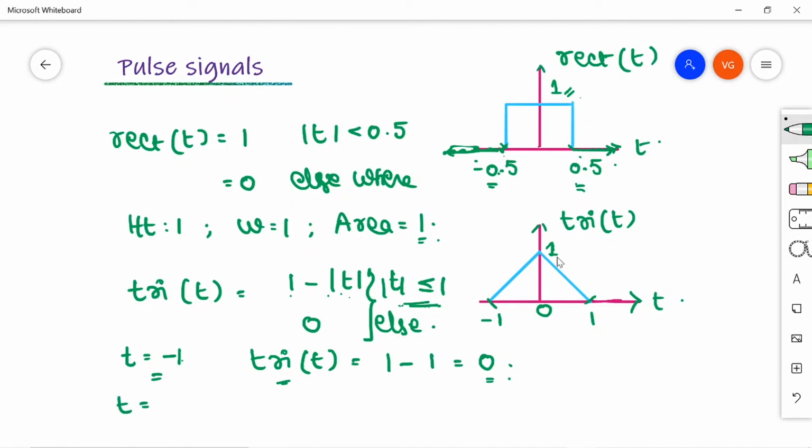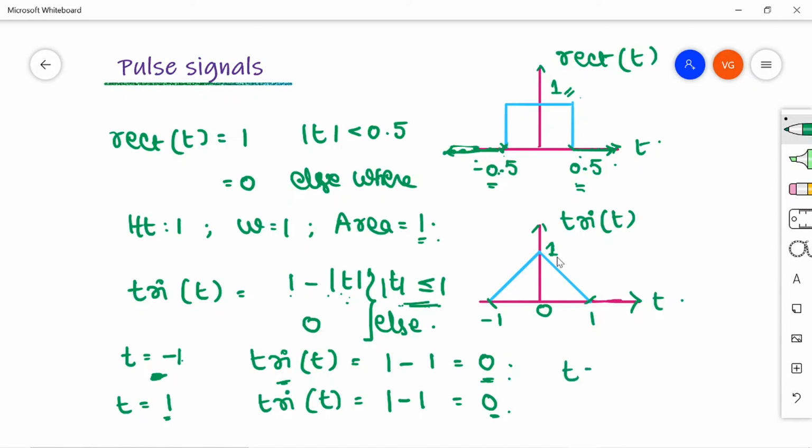Suppose you take t is equal to plus 1. Then what happens? 1 minus mod t is again 1 minus 1, so that is nothing but 0.